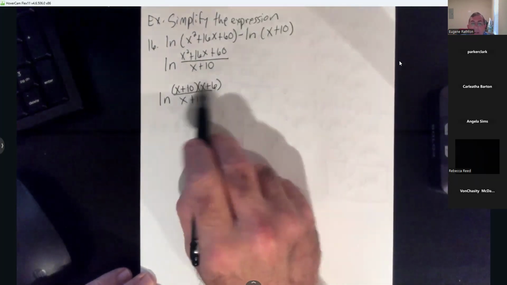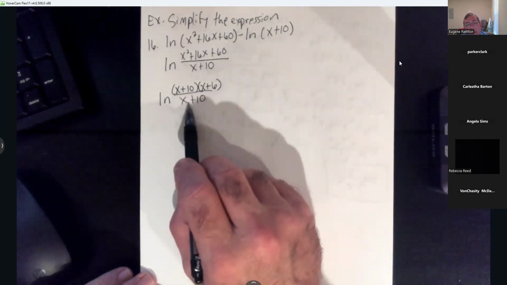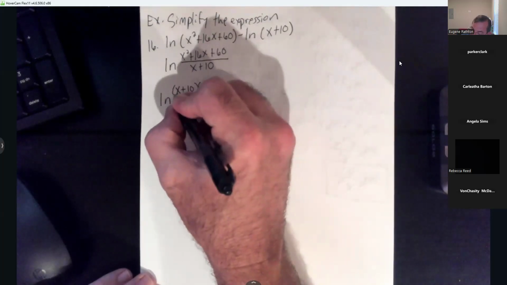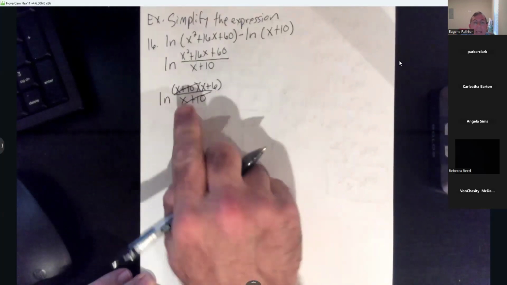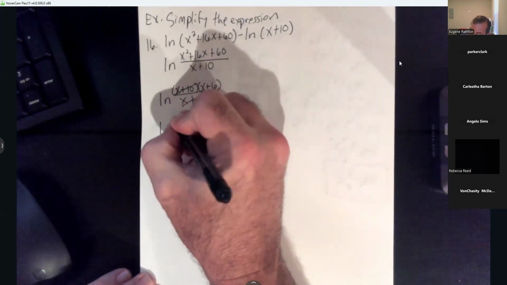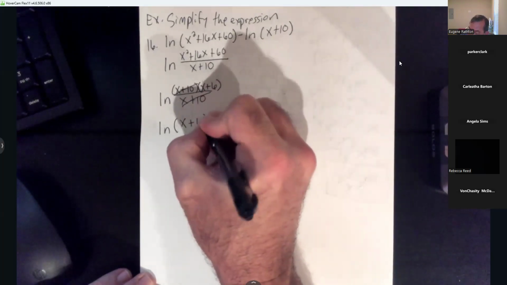Y'all, it has to be a 10 on one of them if this is going to simplify, because the only way to cancel out an x plus 10 is with another x plus 10. So these factors would cancel, and the simplified form will be ln of x plus 6.